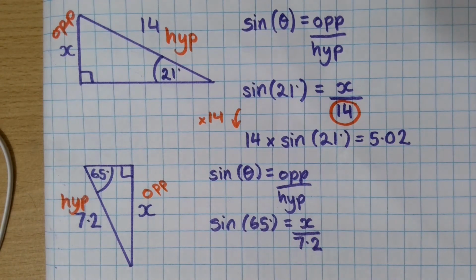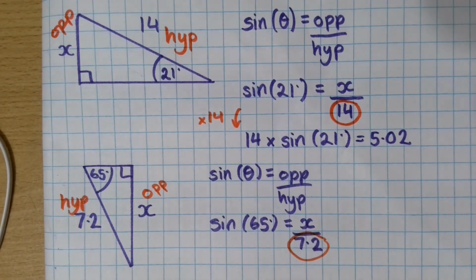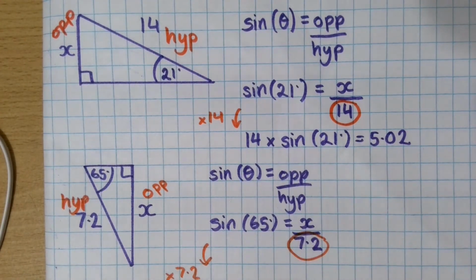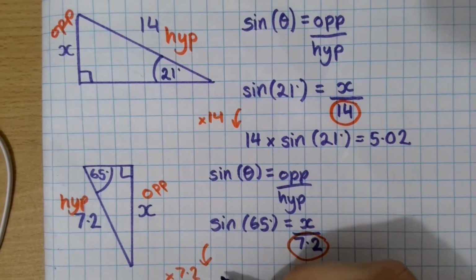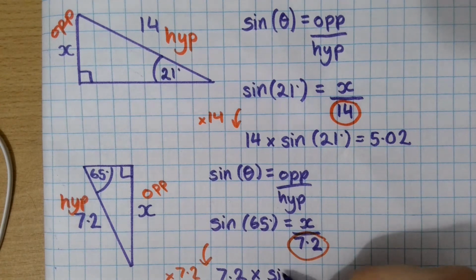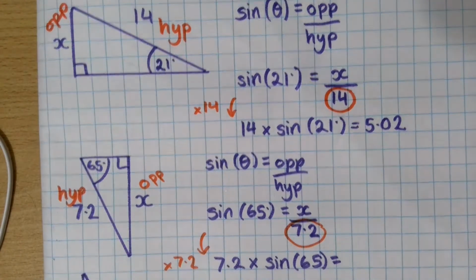Okay, like we did last time, we want to find out what x is on its own, so we need to remove this division by 7.2. So we're going to have 7.2 times sine 65. That's 2 out of our 3 marks, remember, that stage there.